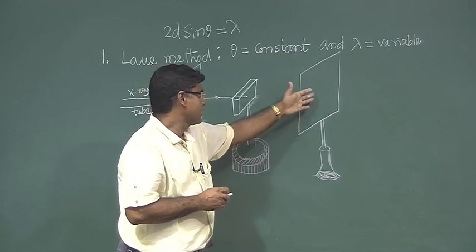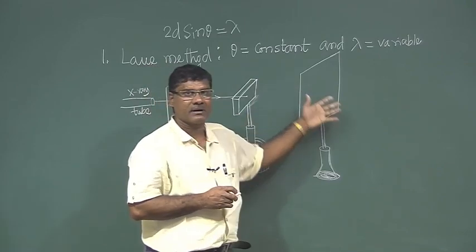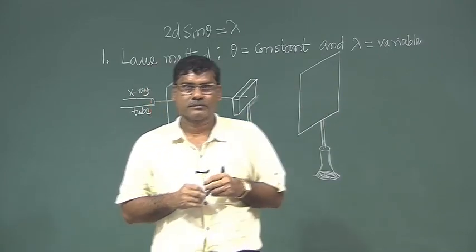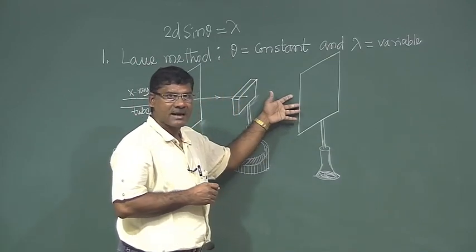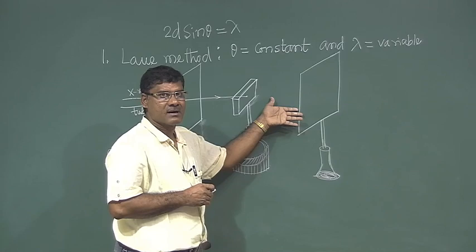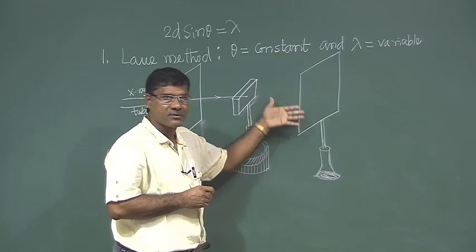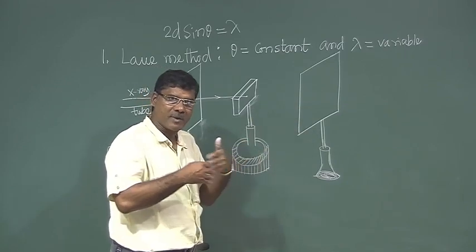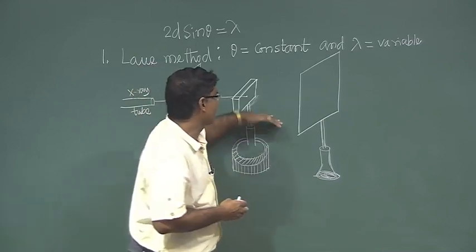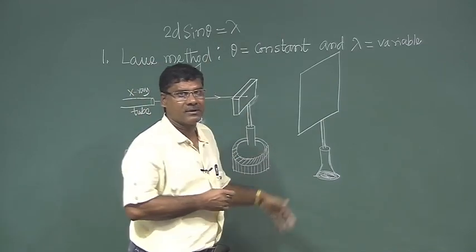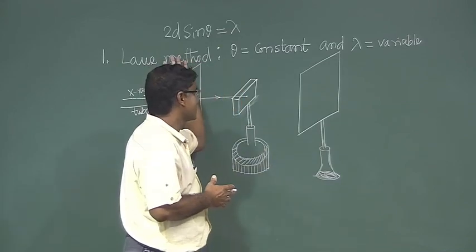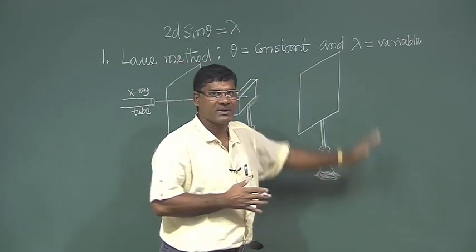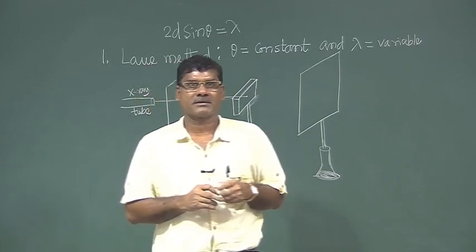But we put the film in these two positions, and that is why it is one method. If I put the photographic plate in another place, that may be a different method. So this is the Laue method configuration of the experimental setup.